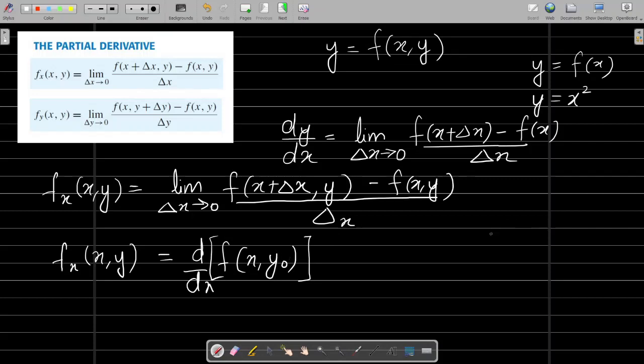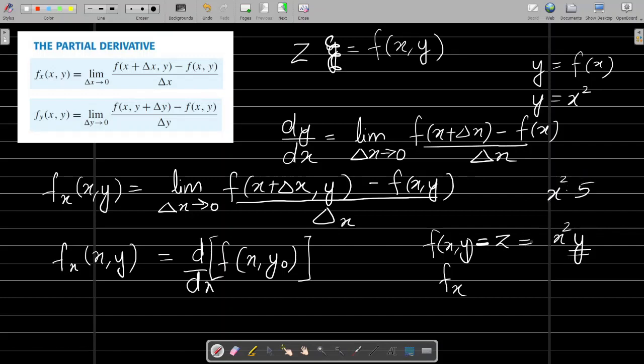For example, suppose you are having some function, say z is equal to x square into y. This is your f of x, y. So when I'm finding f_x, the partial derivative with respect to x, I have to treat y as a constant. So suppose I'm differentiating x square into 5.